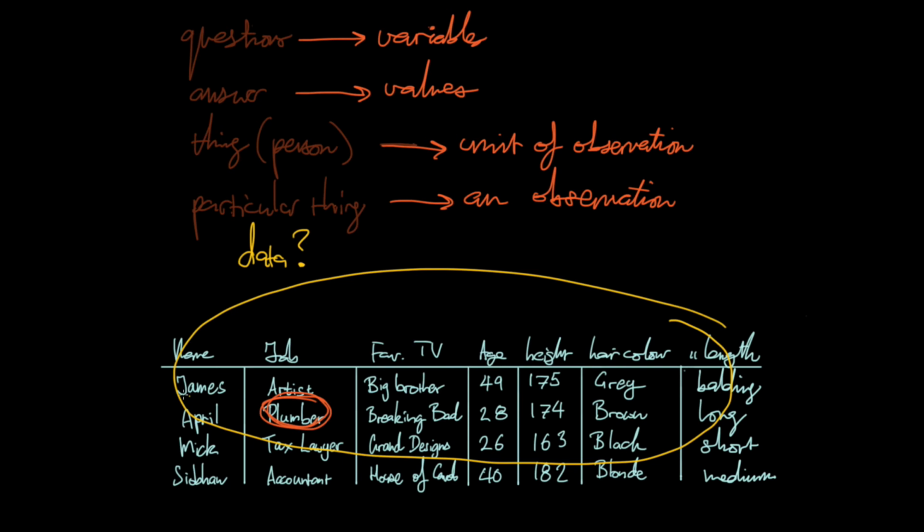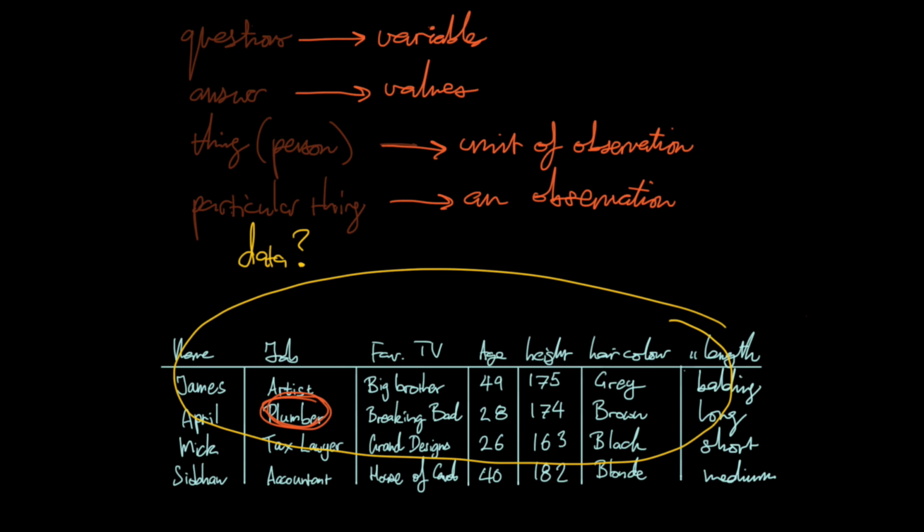So James is an observation who is an artist, likes Big Brother, is 49, is 175 centimeters tall, has grey hair and is balding. But without knowing the observations and the variables and the values, all this information isn't useful. When we do have all that information together, then we have data.